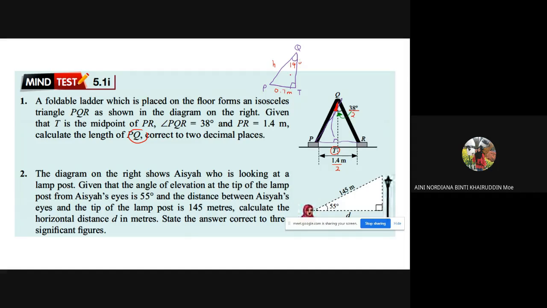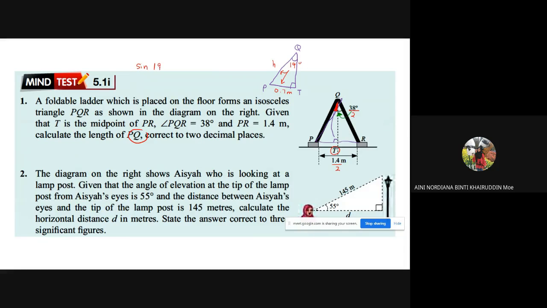So now, you know the angle, you know the opposite side of this angle and the hypotenuse. So what is opposite over hypotenuse? Sin, cos or tangent? Yes, sine. So you write sine. Sine must have an angle. So the angle here is 19.